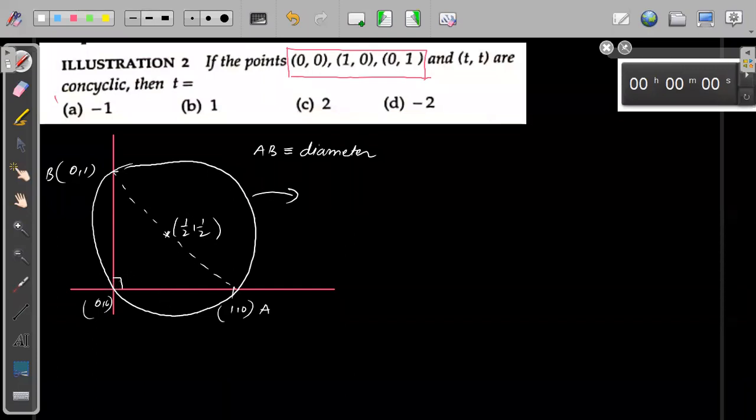So we can write the equation of the circle: x minus 1 by 2 whole square plus y minus 1 by 2 whole square is equal to 1 by root 2 whole square, that means 1 by 2.